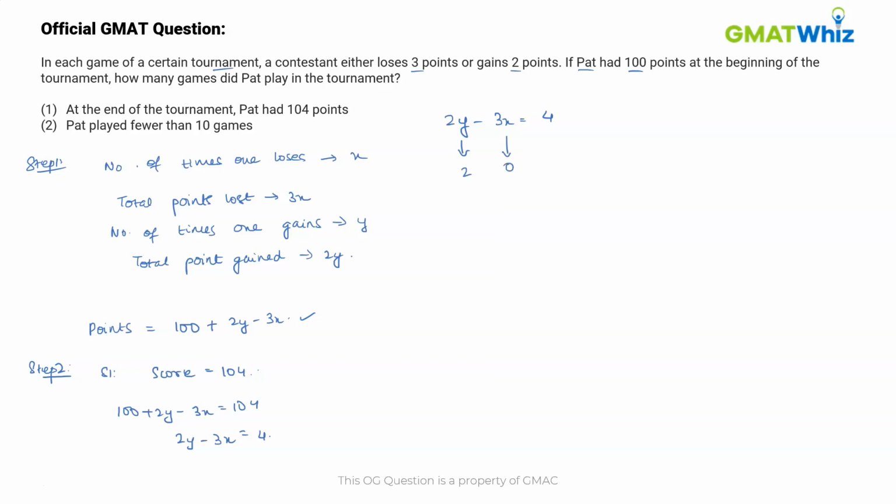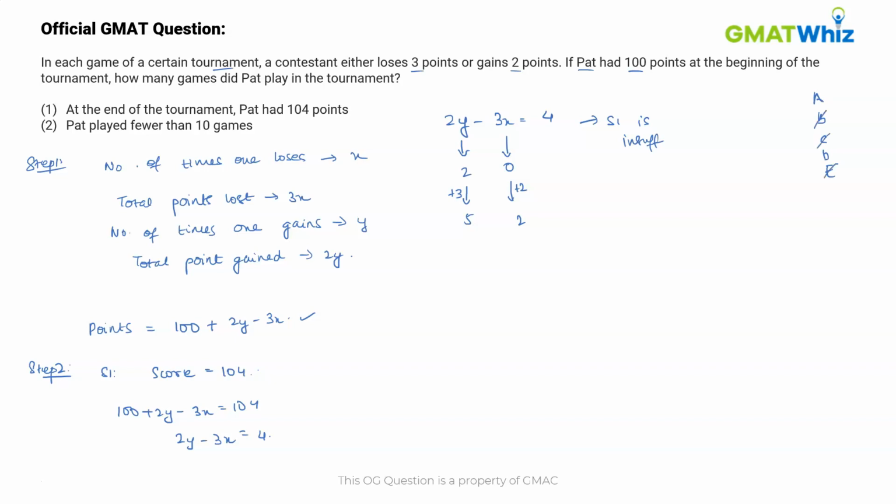Then identifying the pattern and using the same method, we add 3 here and add 2 here, we get 5 and 2 as other values that satisfy this equation. Since we are getting multiple options, we can conclude that statement 1 is insufficient. And out of the given options, we eliminate B, C and E.